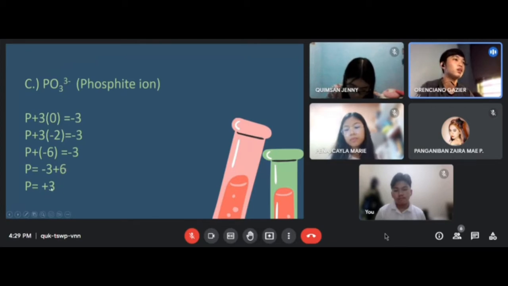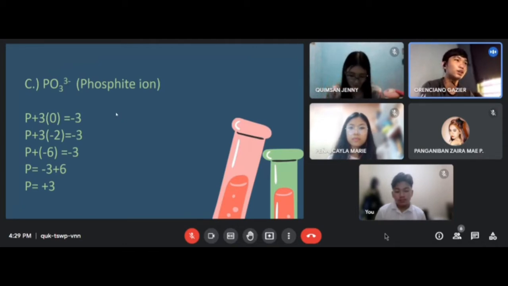Then upon checking, the same. We put the charge of P, positive 3, then negative 3 times. Then we cancel out, and our compound is neutral.